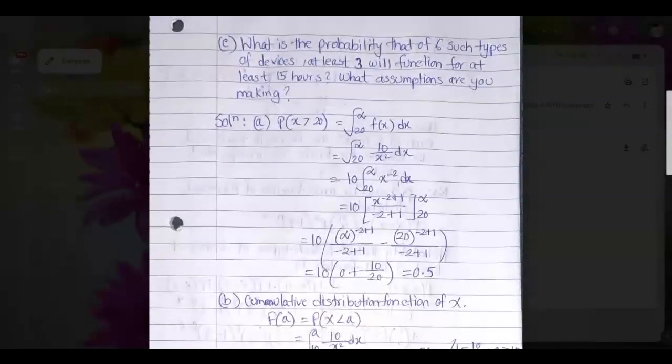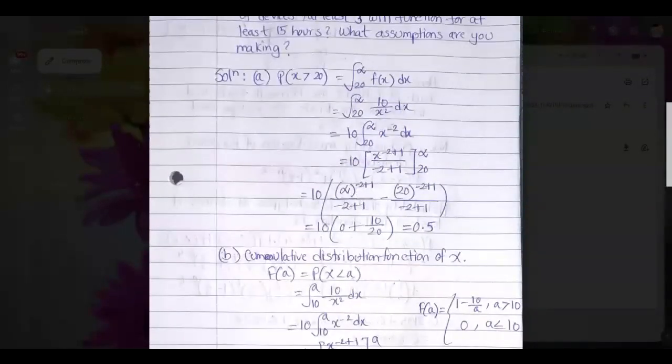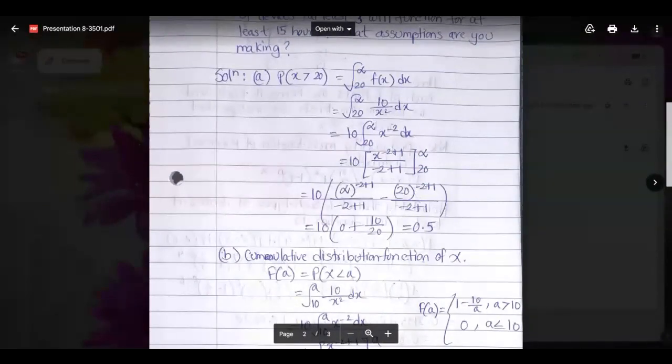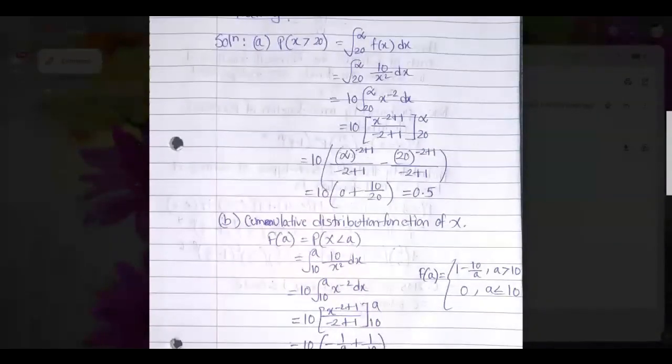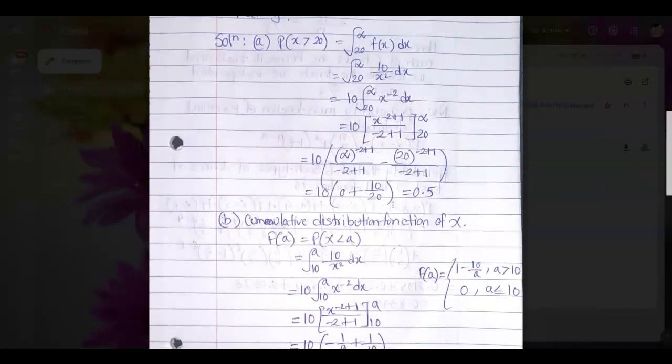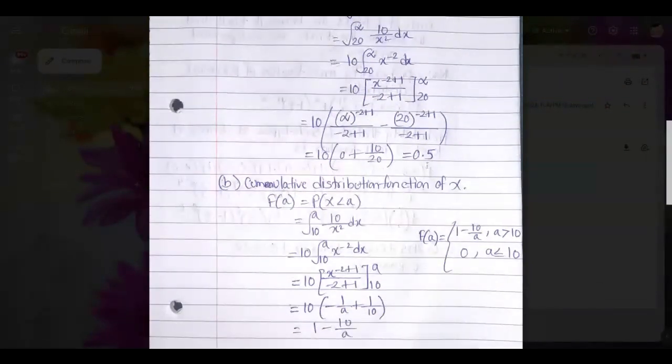We're just going to solve the integral and put in the x values infinity and 20. When it's infinity, it turns to 0, and when it's 20, it's 10 over 20. And the final answer is 0.5.